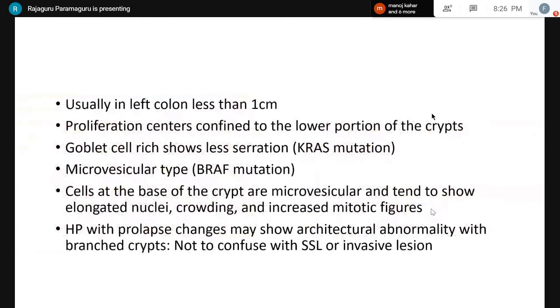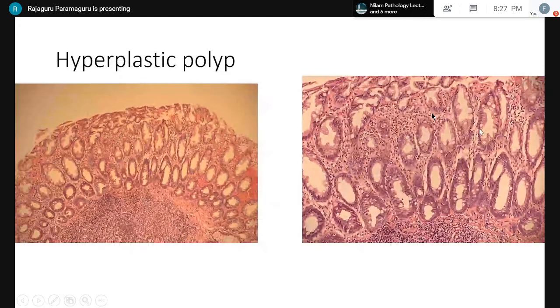Hyperplastic polyps usually involve the left colon, and they are usually less than 1 centimeter. As I told, the proliferation centers are confined to the lower portion of the crypts, and these are not to be confused with adenoma. As we see here, the mucinous epithelium, which is nicely seen over here, is reduced here, with a reduced number of goblet cells.